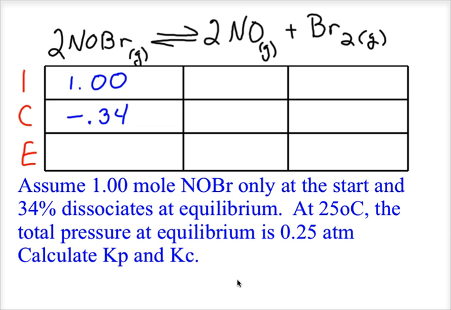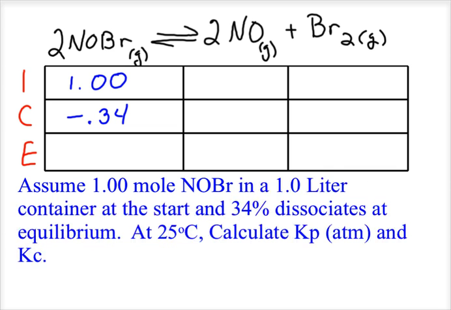So you have one final calculation to perform. Bring the values that you do calculate to class tomorrow. Starting with 1 mole of NOBr in a 1 liter container, and knowing that 34% of that molecule decomposes at equilibrium, can you calculate both Kc and Kp in whatever order you wish?